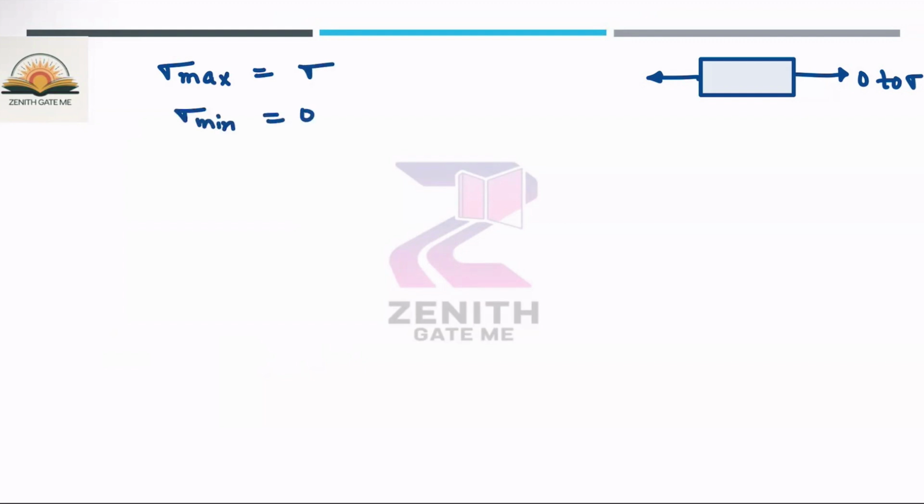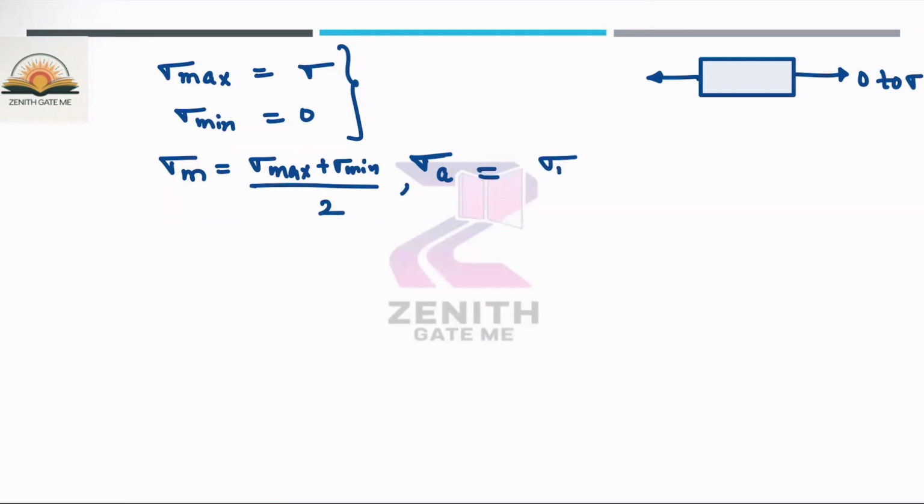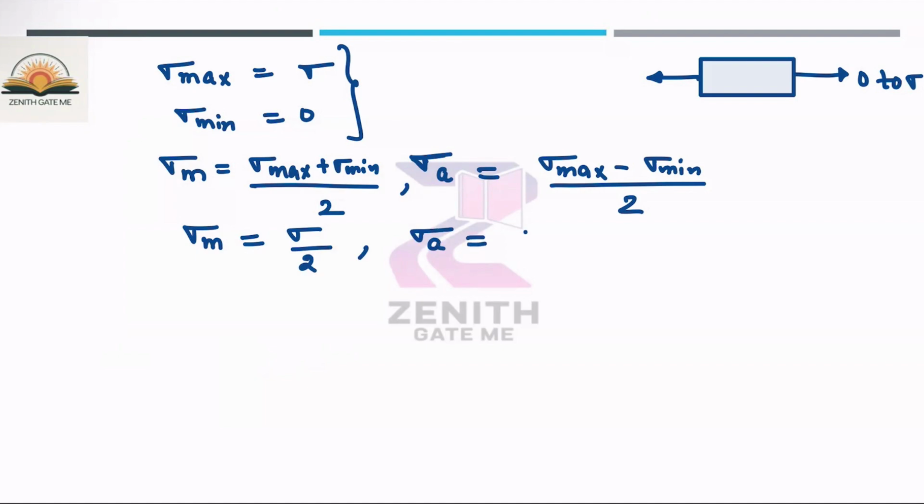Which will be 0. So from these two values, you can calculate the mean stress as well as the stress amplitude. Mean stress is maximum plus minimum by 2, and the stress amplitude is maximum minus minimum by 2. So from here, the mean stress as well as the stress amplitude will be equal to sigma by 2.